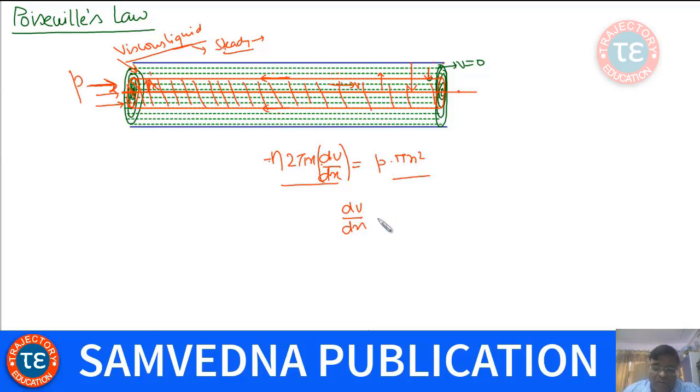So dV by dx is how much? dV by dx is minus P upon 2η, and this area is not 2πx, the area will be 2πx into L, if suppose L is the length. So P upon 2ηL x.